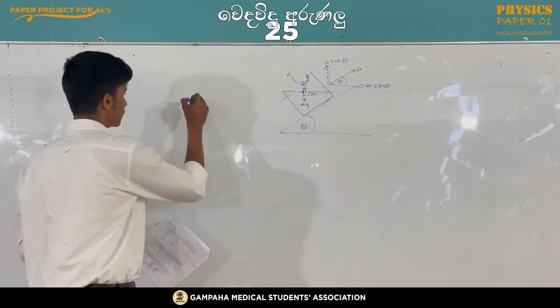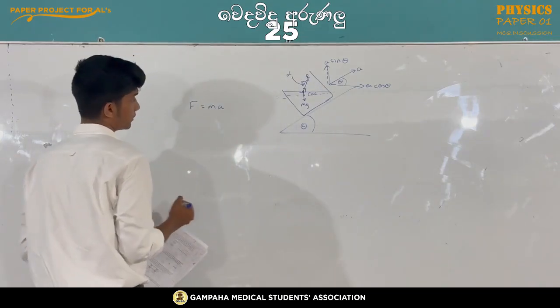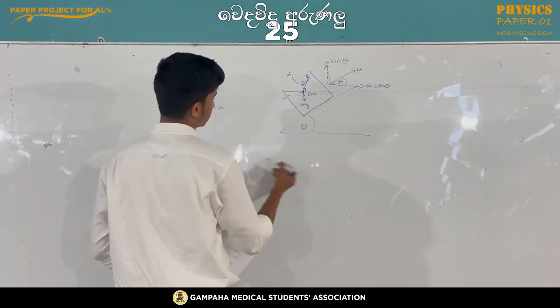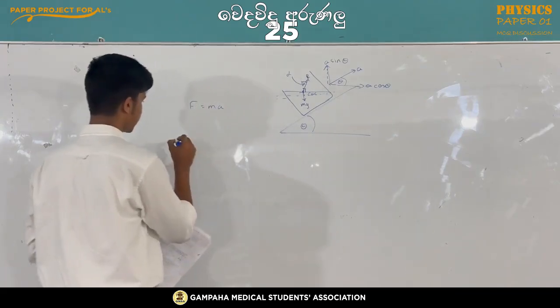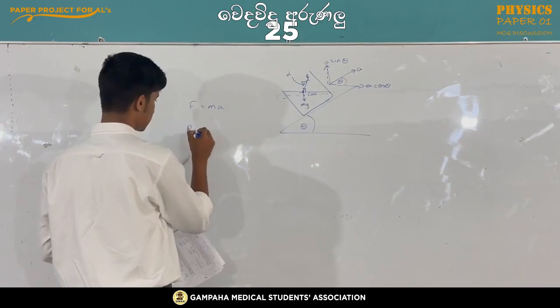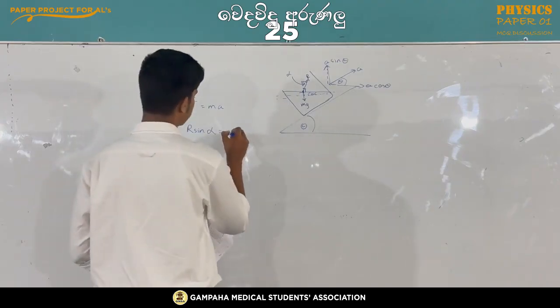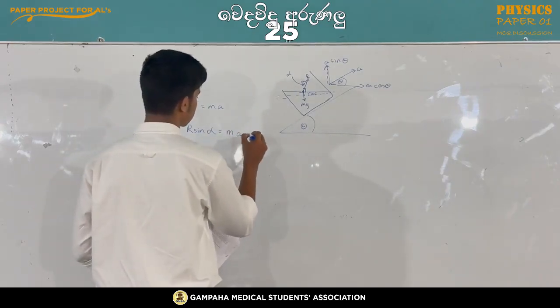Thereafter, if we apply F equals ma to the vertical and horizontal directions, first in the horizontal direction, it's R sin alpha equals m A cos theta.